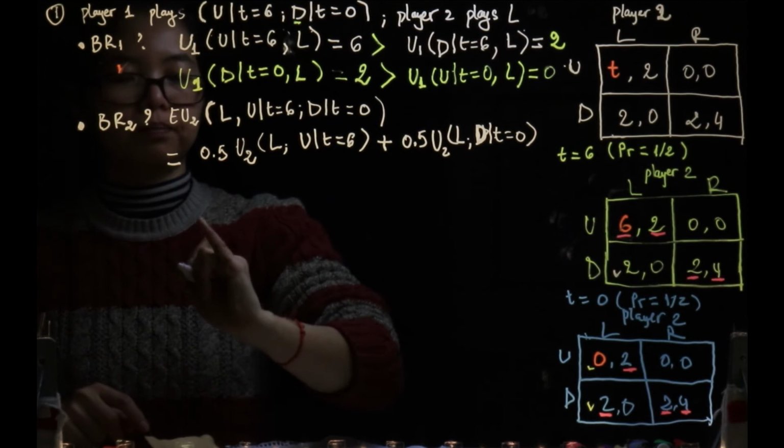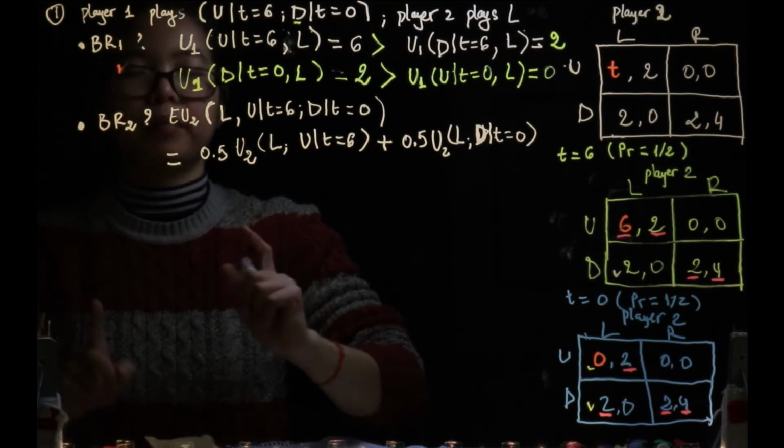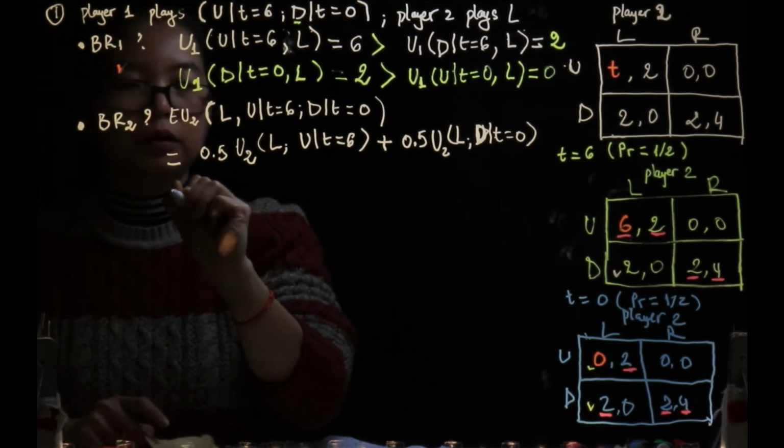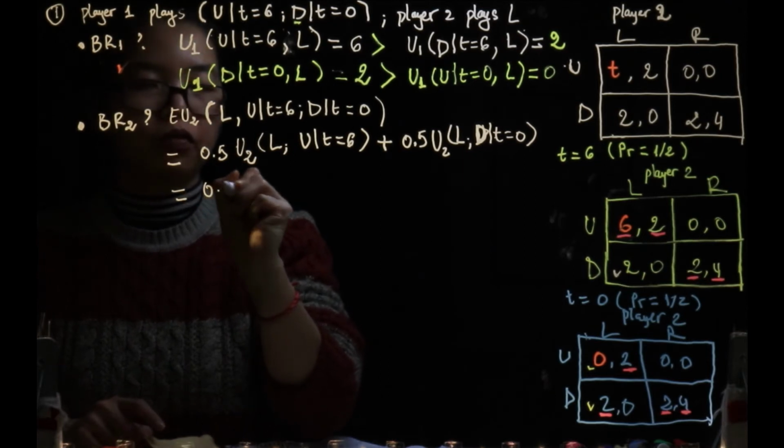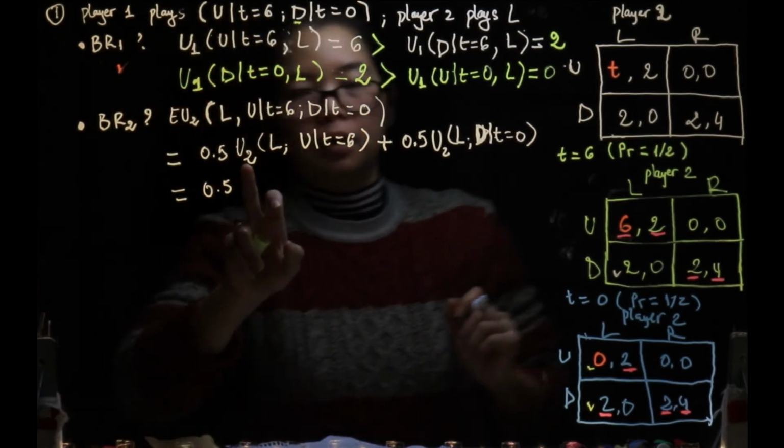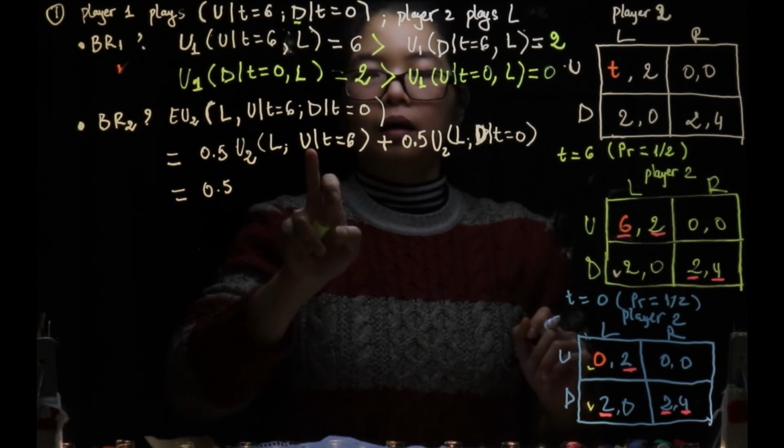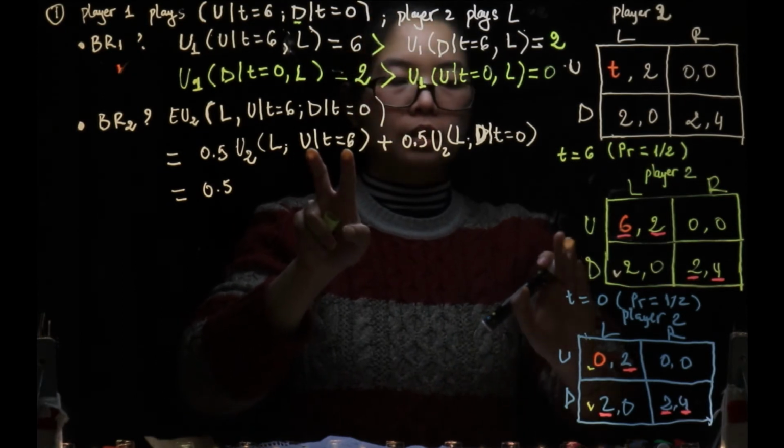It's a little bit messy, but bear with that, okay? So we could write 0.5 again. T equal to 6, so that's the second table.